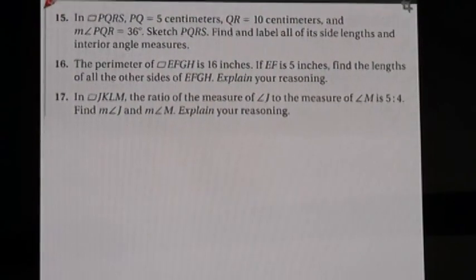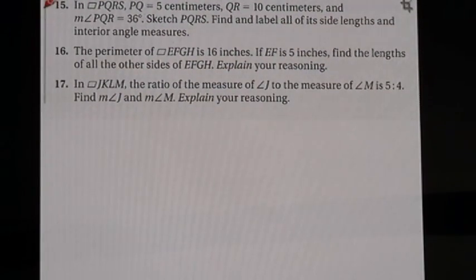All right, in PQRS, PQ measures 5 centimeters, QR measures 10 centimeters, and angle PQR measures 36 degrees. Sketch PQRS. Because it's hard to change what an angle looks like after the fact, we're going to start with the angle.